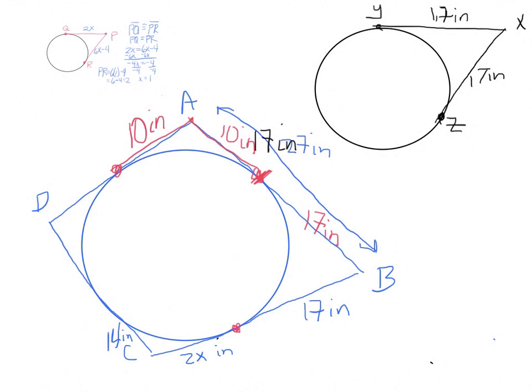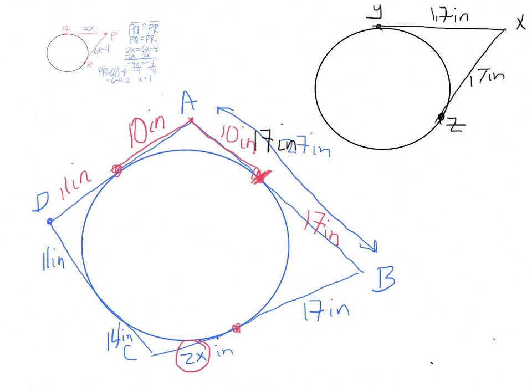Oh, I forgot one thing. Pardon me. I forgot this. That's why I was concerned. This is 11 inches right there. And since it's from the same tangent right there, that means this must be 11 inches. And then there's 11, there's 14, and our goal was to solve for x.